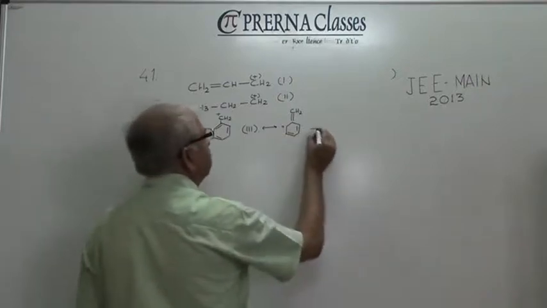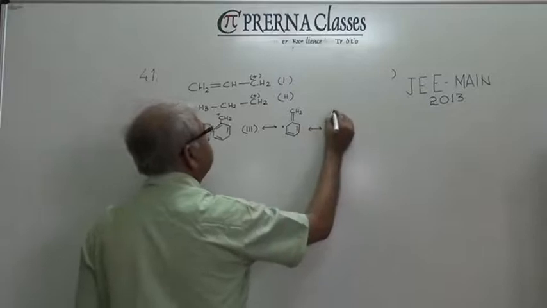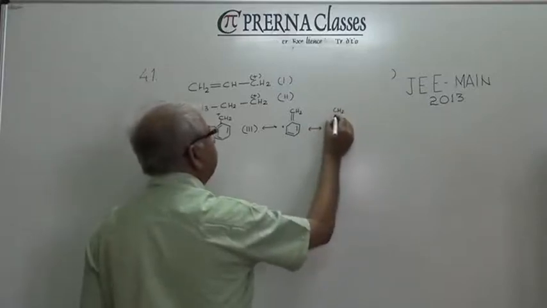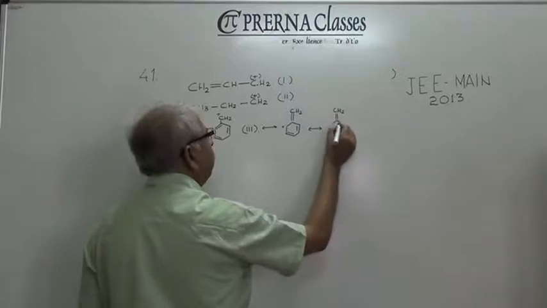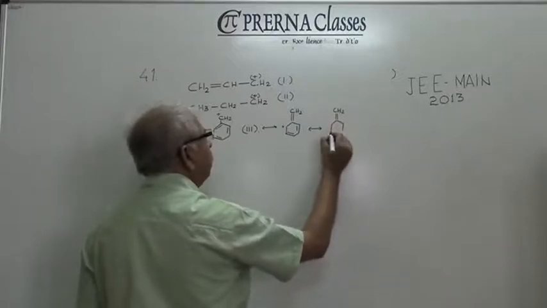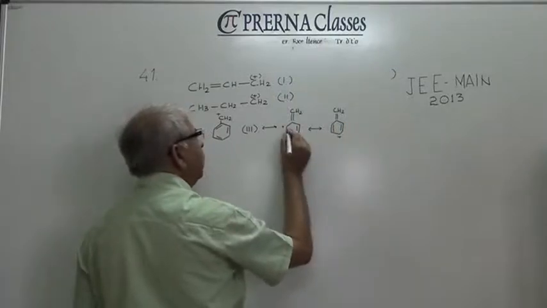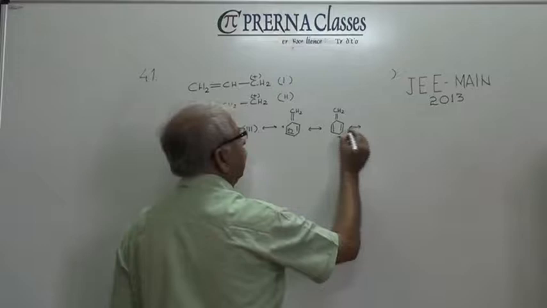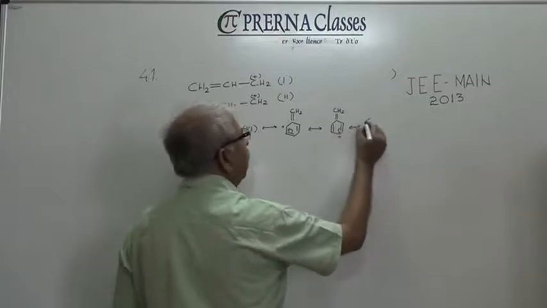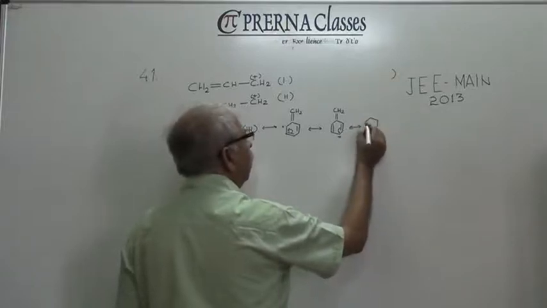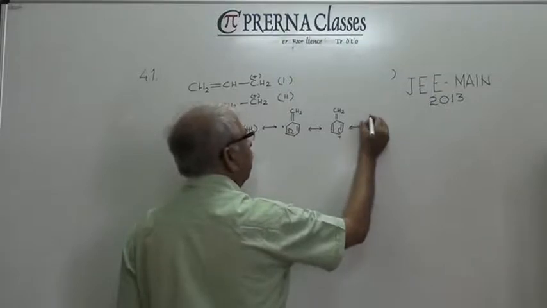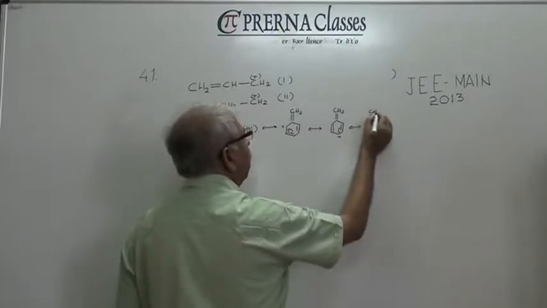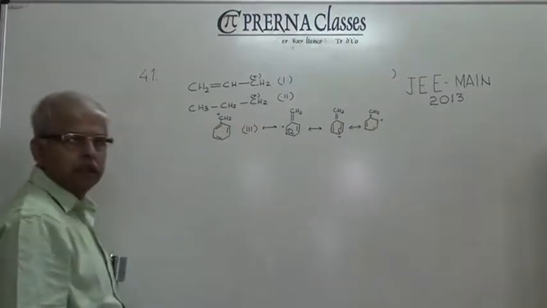We can write another structure. We can write another canonical structure. So if you look at it, the number of canonical structures is 3.